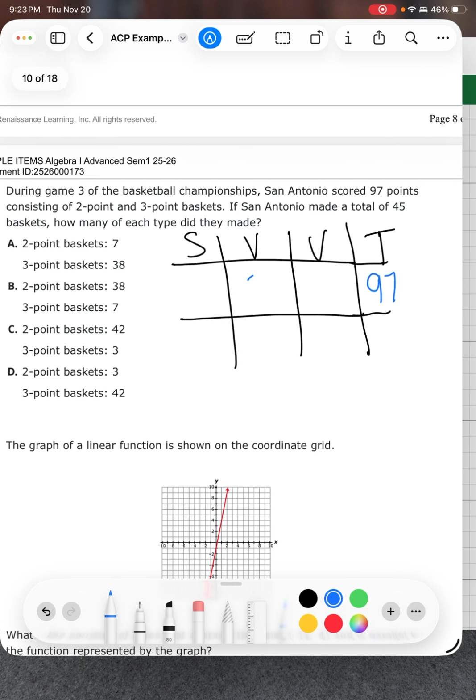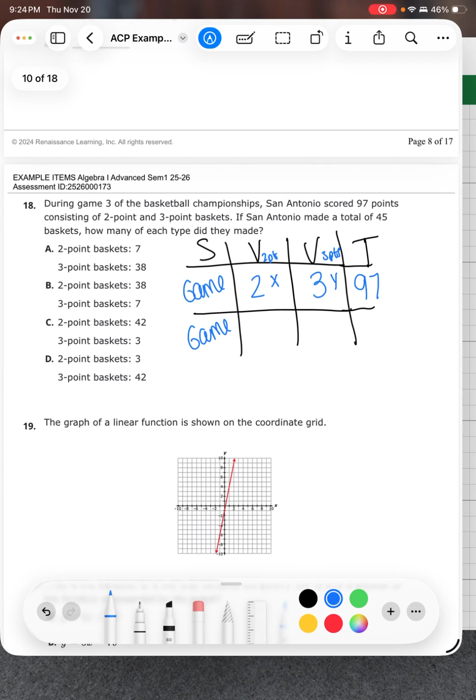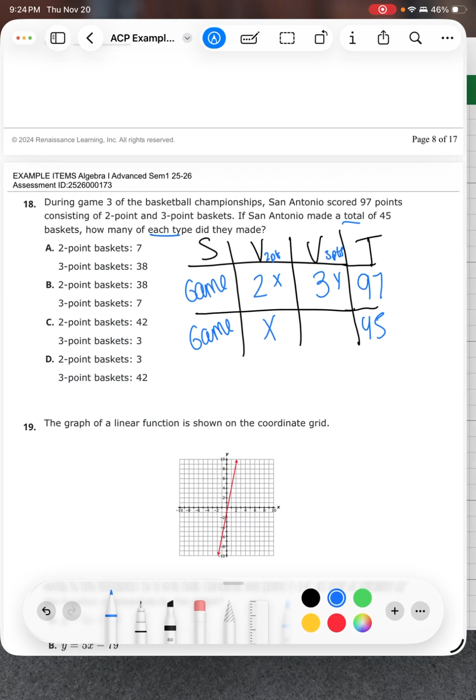So I'm going to write 2 and 3 here, and I can label this as 2 points, 3 points, and I'm just going to put that as X, and this is Y. And honestly, I'm just going to put game and game because they're talking about the same San Antonio game. And then we have that San Antonio made a total of 45 baskets. How many of each type did they make? So they're not telling me how much, so I'm just going to keep that as X and Y. I just know they scored 45, but I don't know what X and Y is.